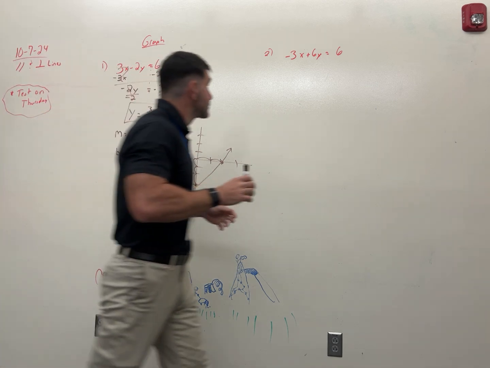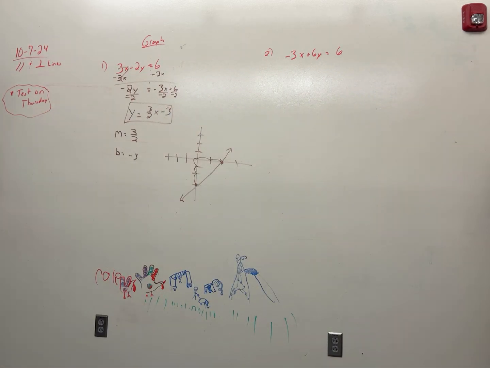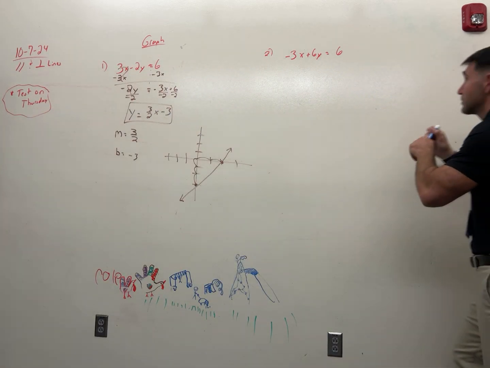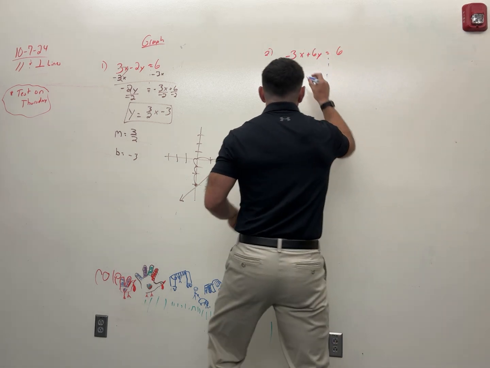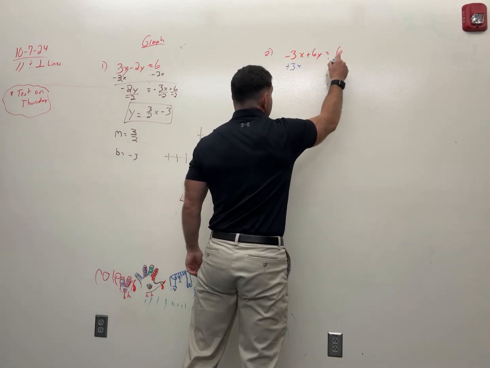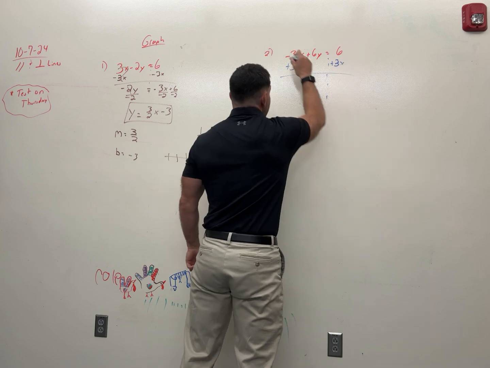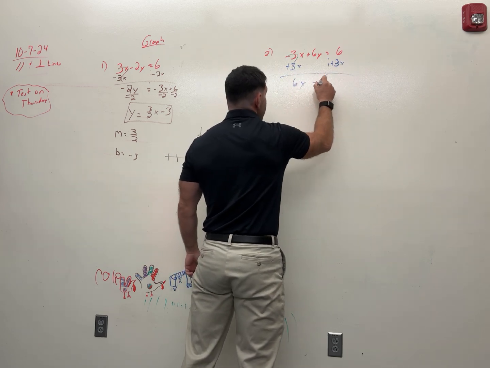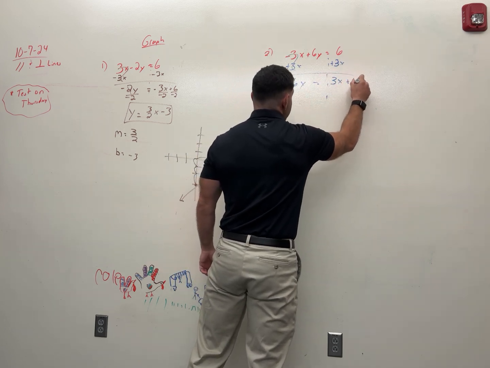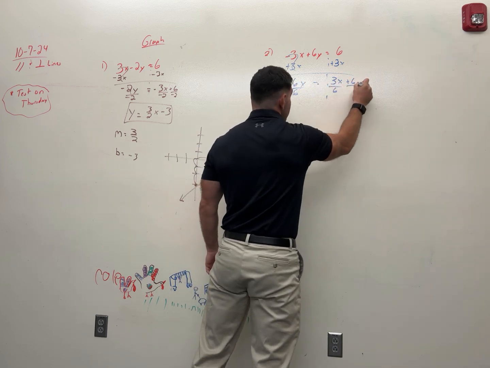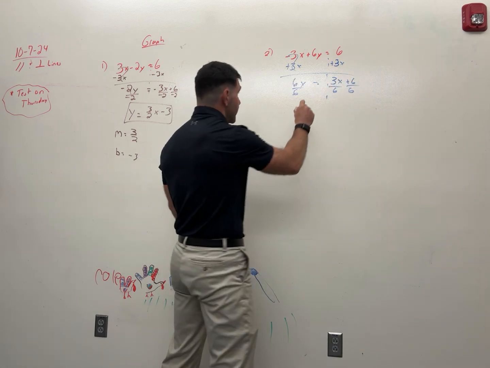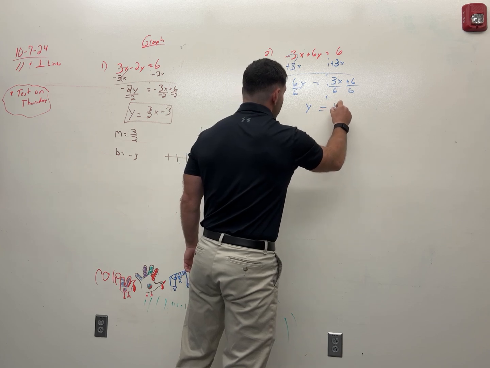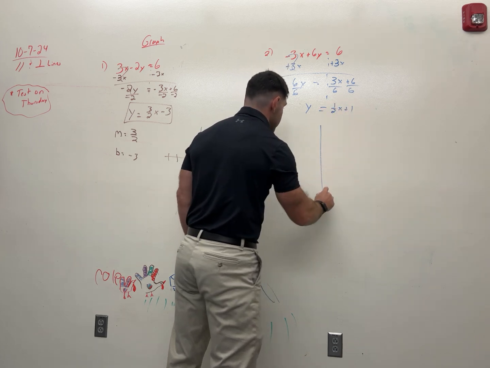Okay. Number 2. Balance point. Add 3x to both sides. That leaves me 6y equals 3x plus 6, divided by 6 from each individual thing. Y equals 1 half x plus 1.